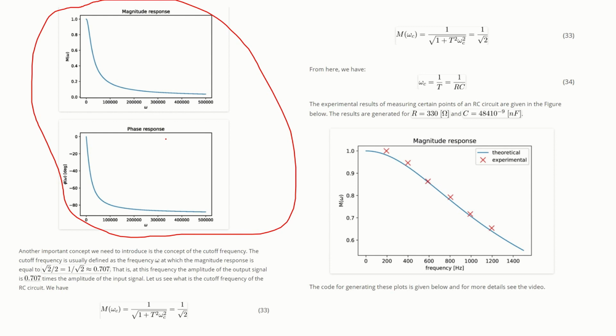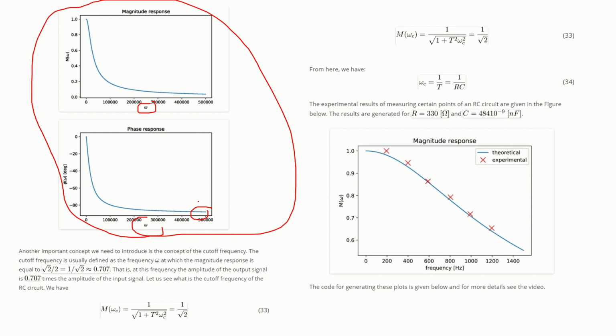For codes and more details, see my website. We see that basically the magnitude decays as a function of omega, and the phase decays again as a function of omega and reaches minus 90 degrees.